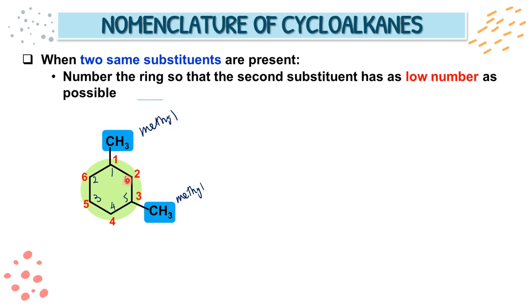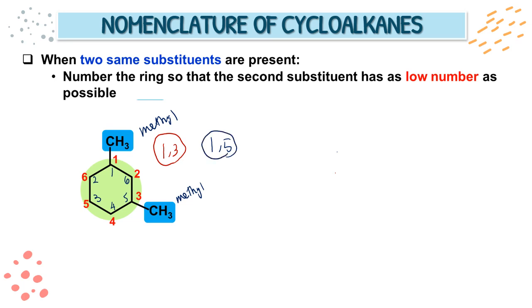If you look over here, why do we choose the red one instead of the blue one? It is because the red one gives us the lowest combination of numbers, which is 1 and 3. Compared to the blue one, the combination we would have is 1 and 5.